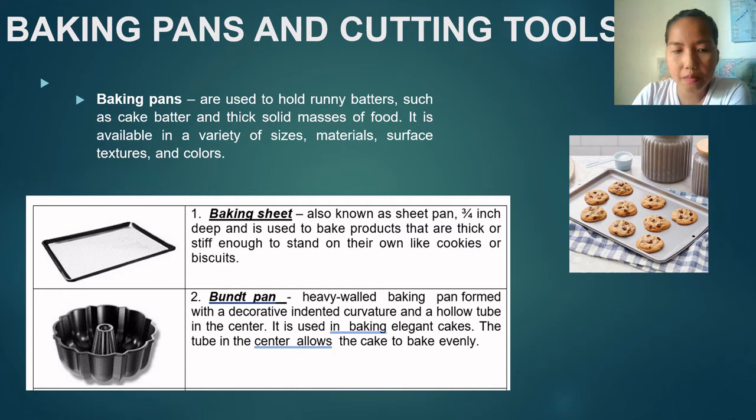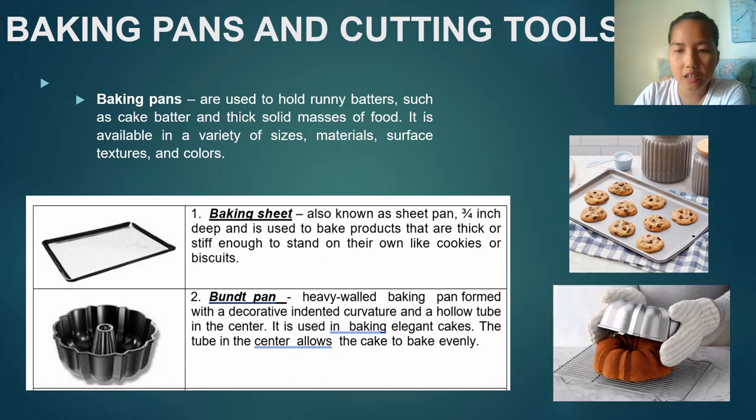Next one is the bundt pan. It is used in baking elegant cakes. It is similar to a tube pan, with a tube in the center. In the example picture, it has a decorative curvature and a hollow tube center.